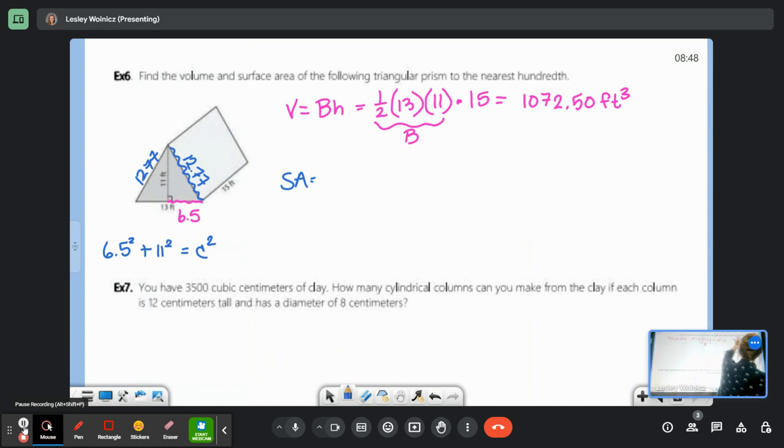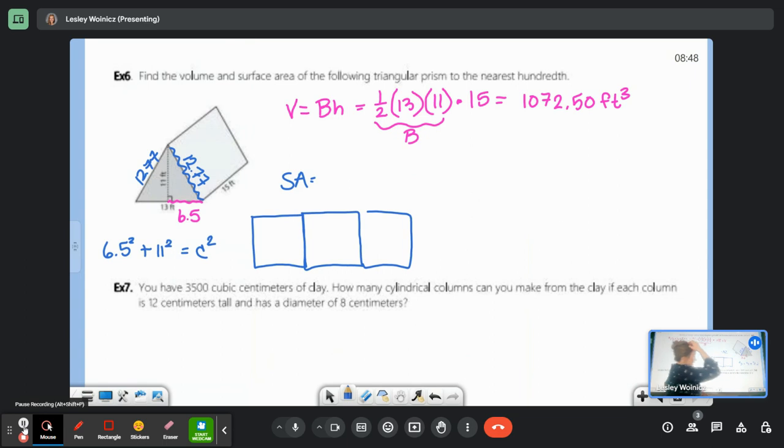Okay, so the lateral area is just going to be our 3 rectangles, right? That are the sides of our triangle. The lateral sides, lateral faces, right? Yeah. Okay. So we've got one of them that's 13 and another pair that are 12.77 and 12.77, right? Correct. Okay. And then what is this dimension for that rectangle? 15.